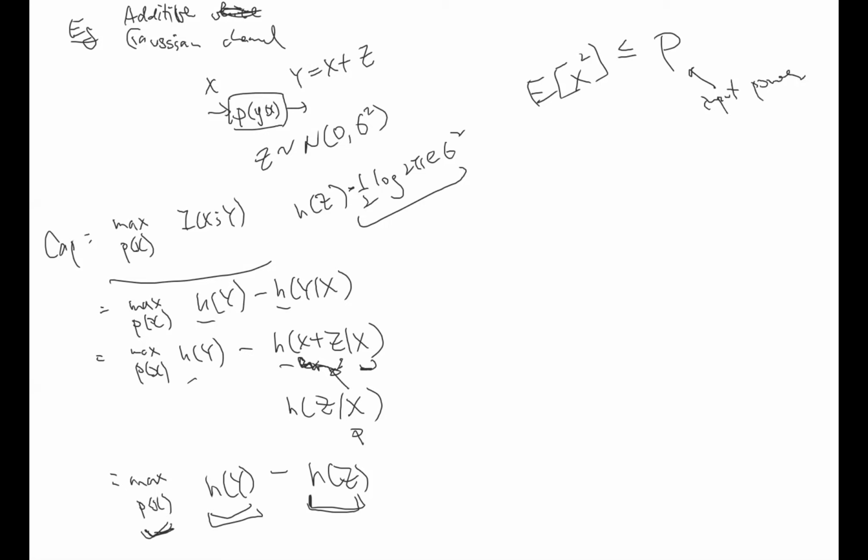We need that because if we don't have this constraint, the solution of this problem will be unbounded, and then it is meaningless to us. What's the capacity? The capacity is basically infinite. So now with this additional constraint, let's say the power is less than P.